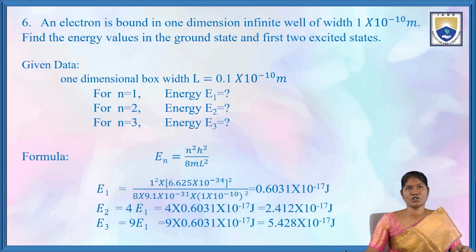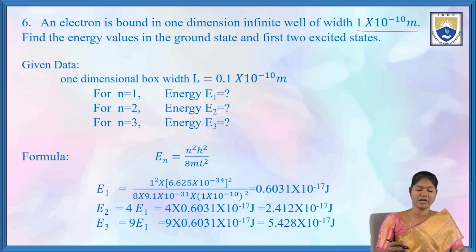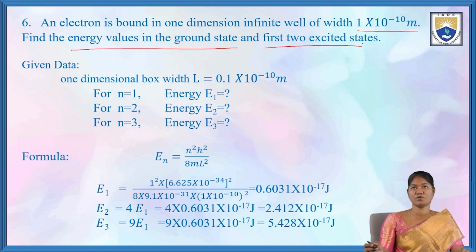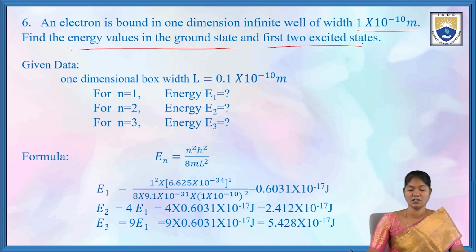So here an electron is bound in a one-dimensional infinite well of width 1 into 10 power minus 10 meters. Find the energy values in the ground state and first two excited states. The electron is bound in the infinite one-dimensional potential box.